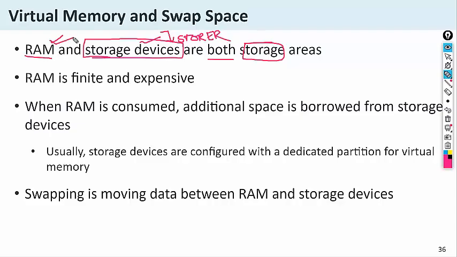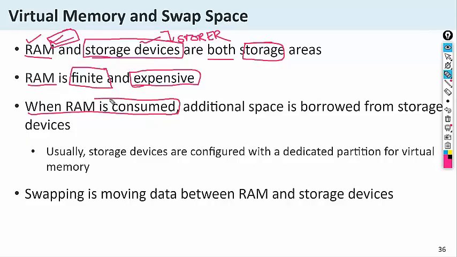But when data exists in RAM and the computer shuts down, the stored data will be removed. RAM has a finite memory size, and it is also much more expensive.